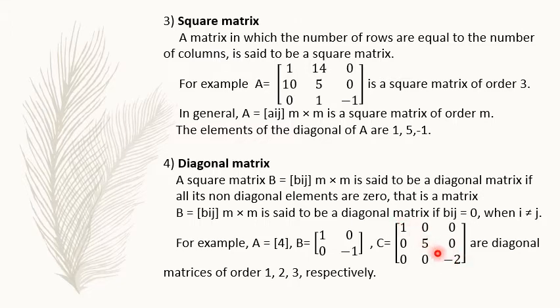That is, the diagonal entries are non-zero, but the other entries are 0. So these types of matrices are said to be diagonal matrices. That is, the diagonal elements are non-zero and off-diagonal or non-diagonal elements are 0.